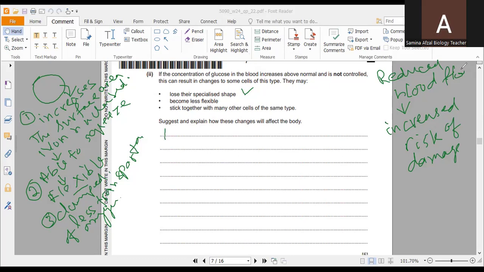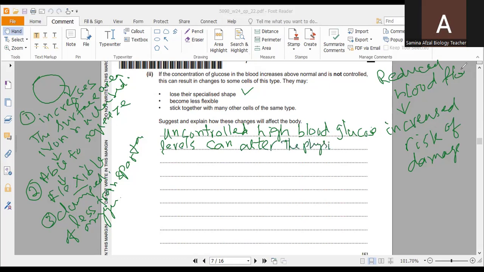Uncontrolled high blood glucose level can alter the physical properties of blood.